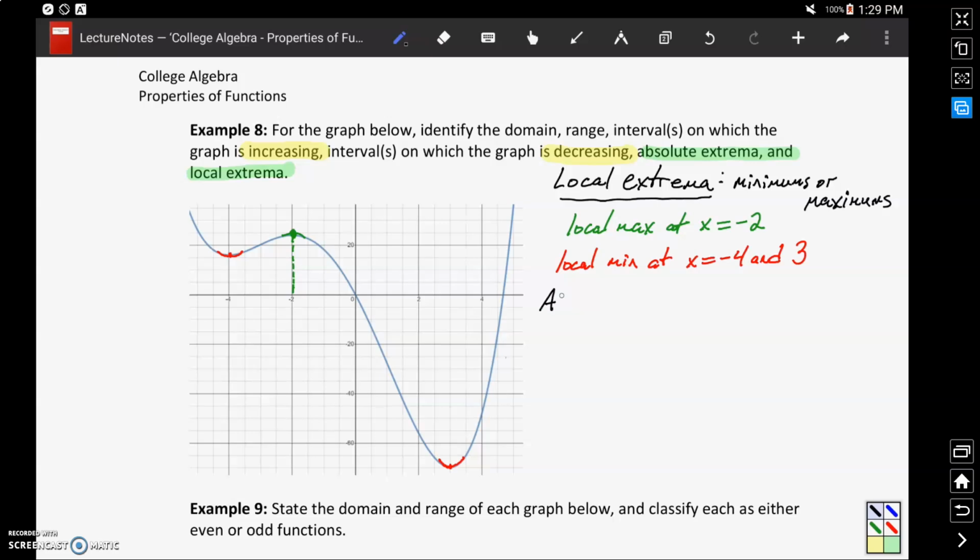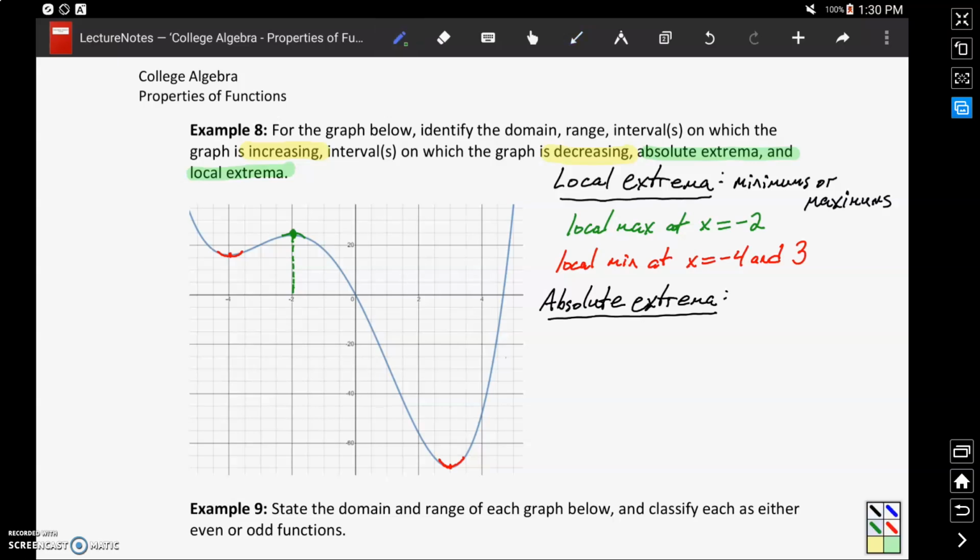We can also talk about the idea of absolute extrema, which has some similarities to the ideas of local extrema. We're still looking for a minimum or maximum, but in this case we're looking for a minimum or maximum overall value. So a point where our graph hits its lowest possible function value or highest possible function value.